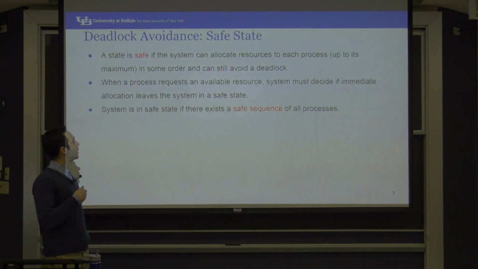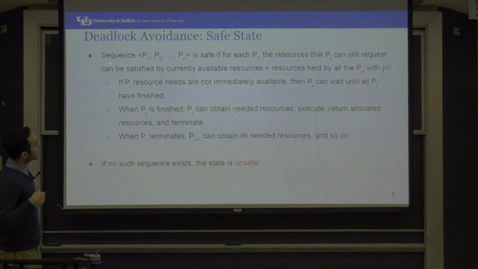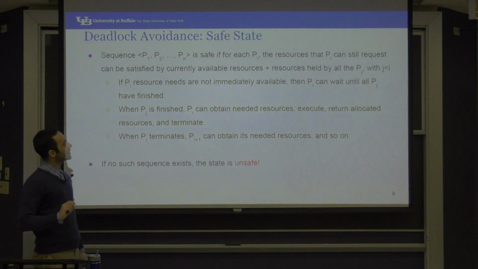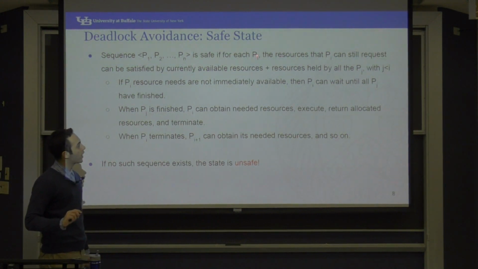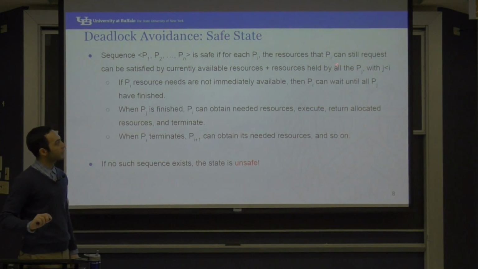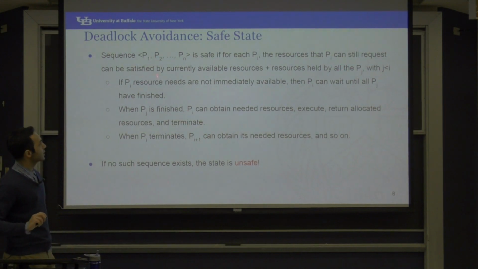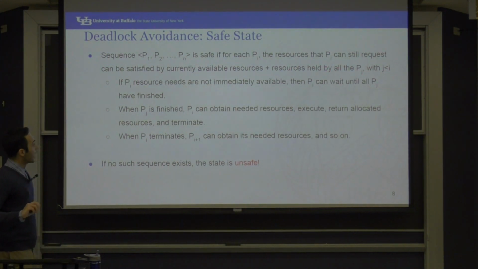Right? Let's see. A sequence of different processes, P1, P2, all the way to Pn, is safe if, for each Pi, the resources that Pi can still request can be satisfied by currently available resources and resources held by all the Pj with j smaller than i. And so let's take a look.